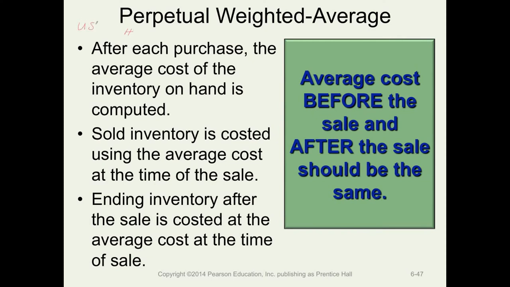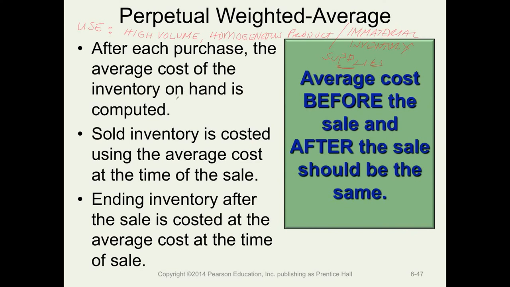So its use is for companies with a business that has a high volume of a homogeneous product, also for immaterial inventory, and of course supplies. You can use the average cost method.